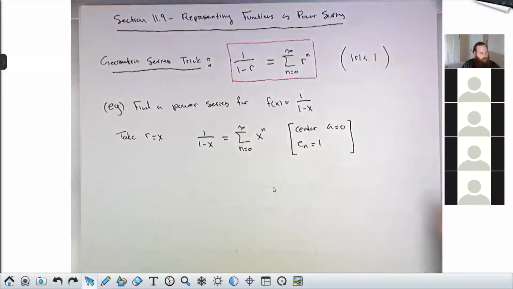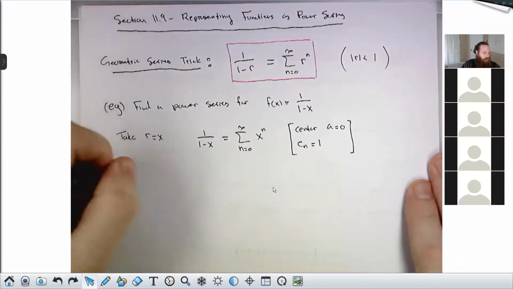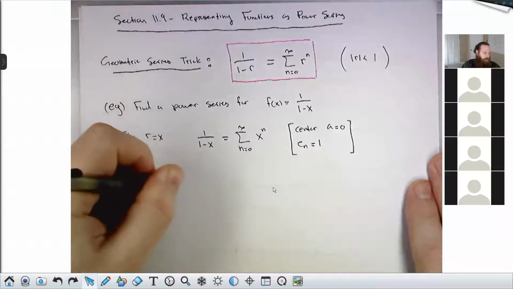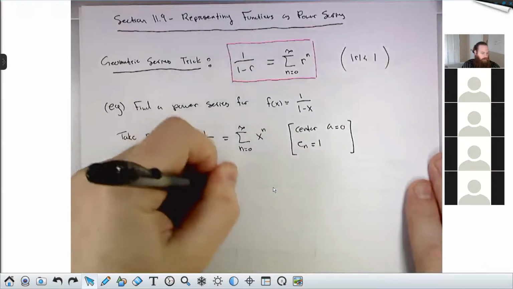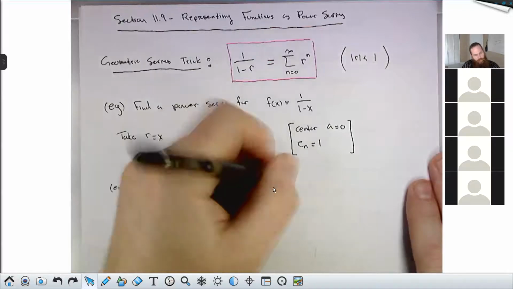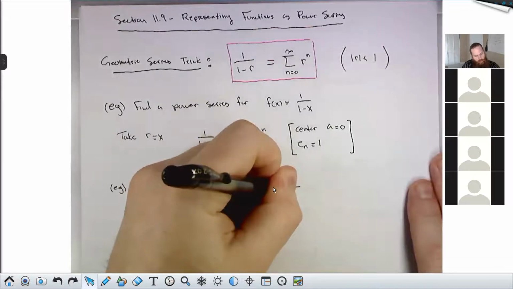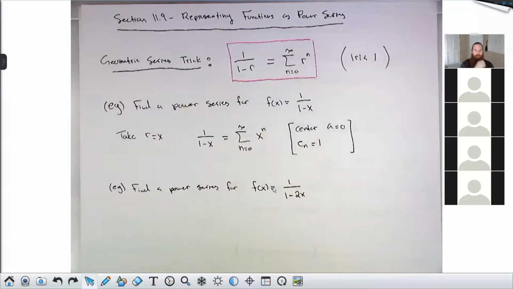We can make this a little bit more interesting. I could ask you to find a power series for the function f of x equals 1 over 1 minus 2x. What do you think we would do here?